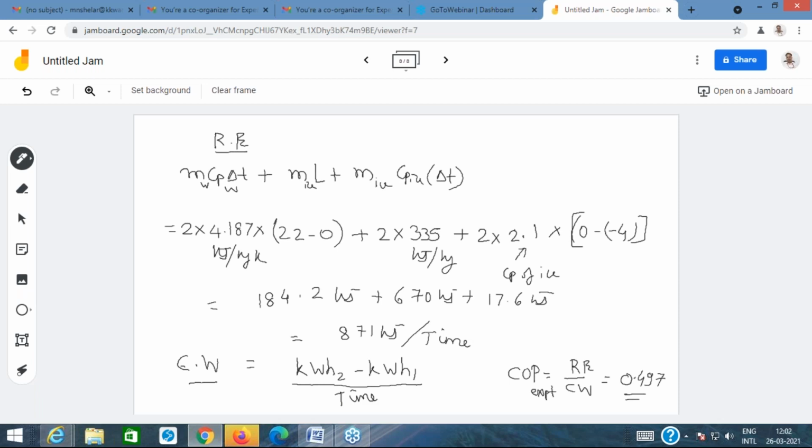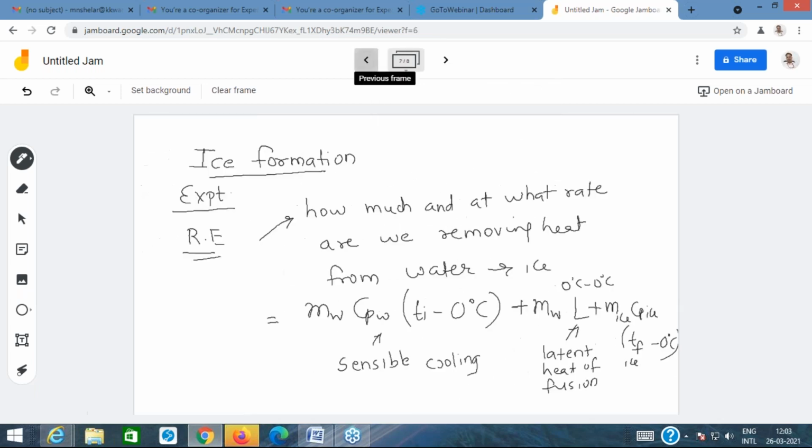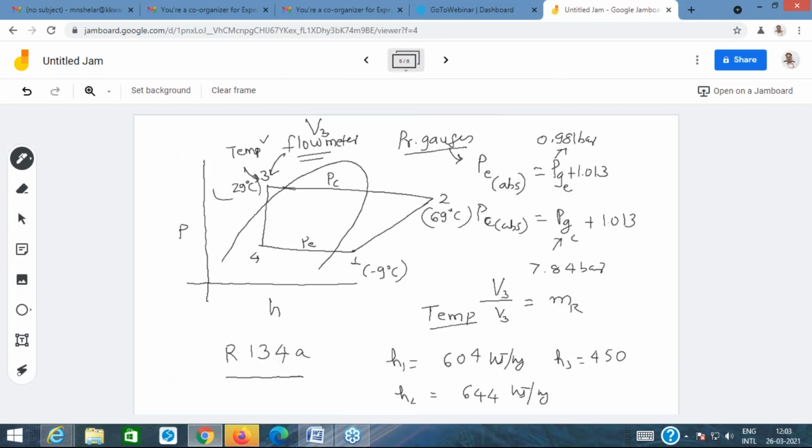Similar to what I had explained for the pull down test, analytical calculations can also be done, and for analytical calculations again we need to plot this cycle on a pressure enthalpy diagram. You would have the values of H1, H2, H3 and H4, and that would give you the specific enthalpies we would be using to calculate the specific refrigerating effect and the specific compressor work.